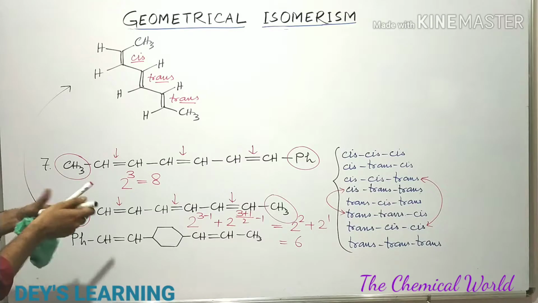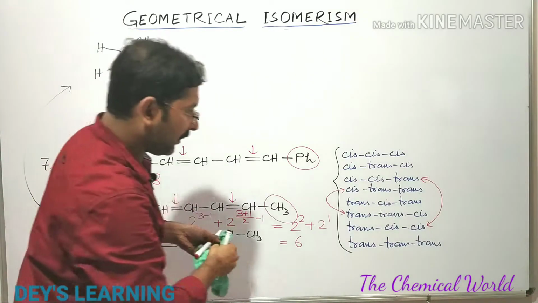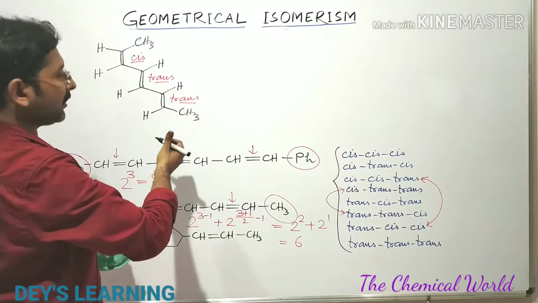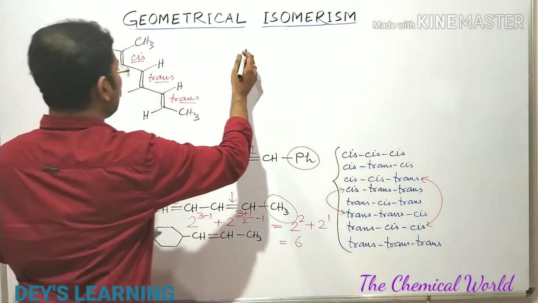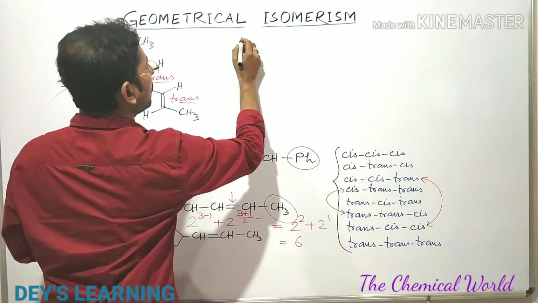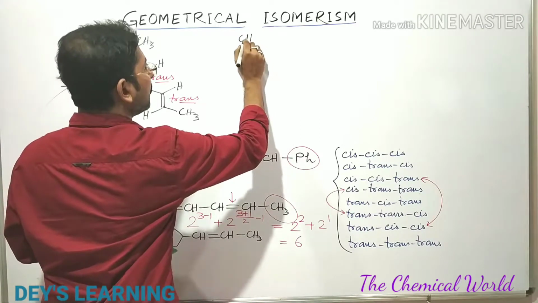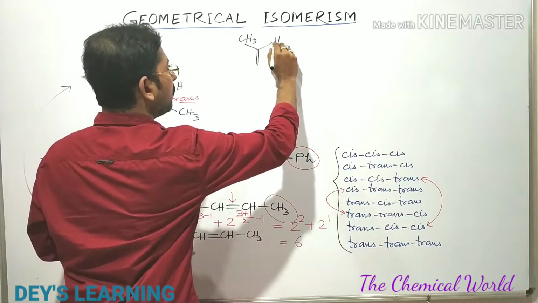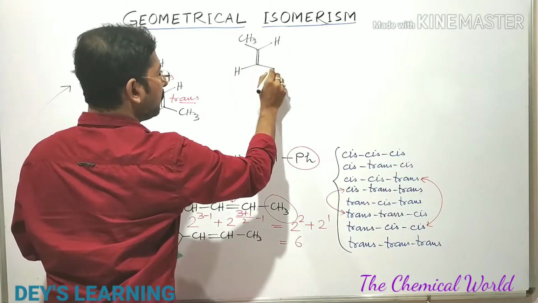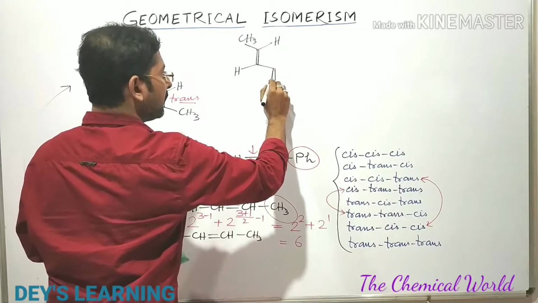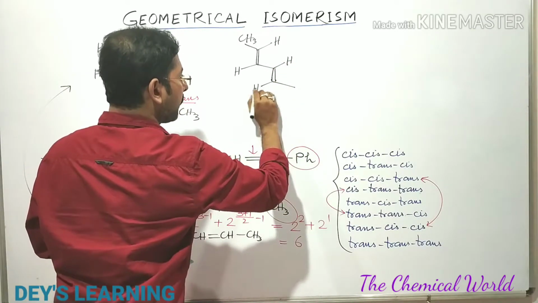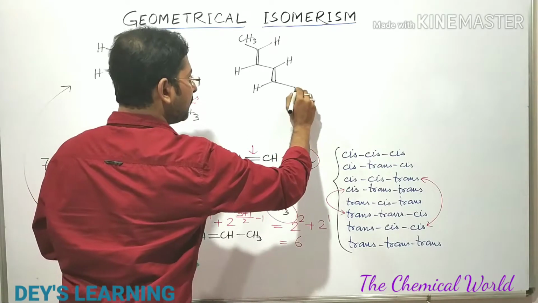Let's write the other isomer, trans trans cis. Here it is CH3. I will write in the trans form. So it is trans. Again it will be trans. Now it will be cis.